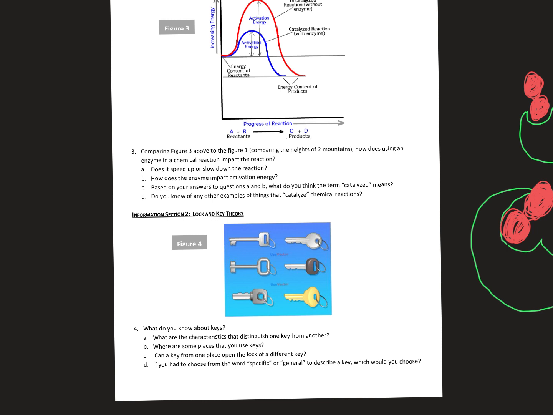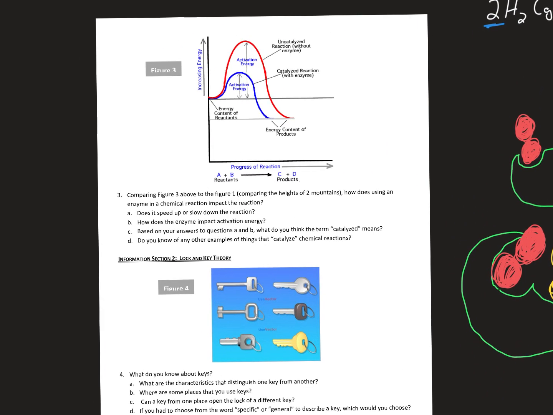All right, does it speed up or slow down the reaction when you compare what happens when you're using an enzyme versus when you're not using an enzyme? Well, it speeds up the reaction because it lowers the hill, which is why they gave you the example on the previous page.